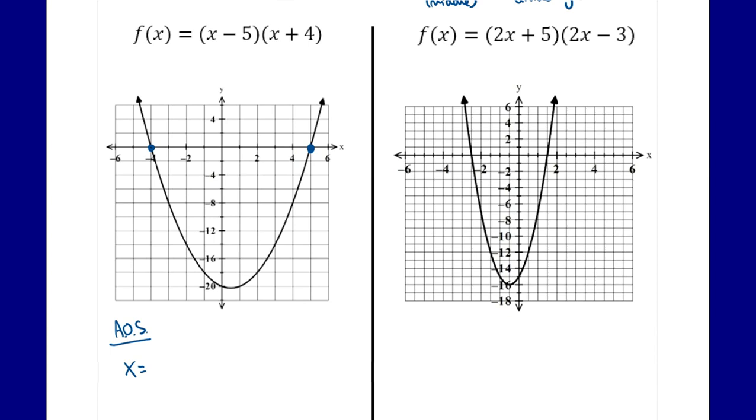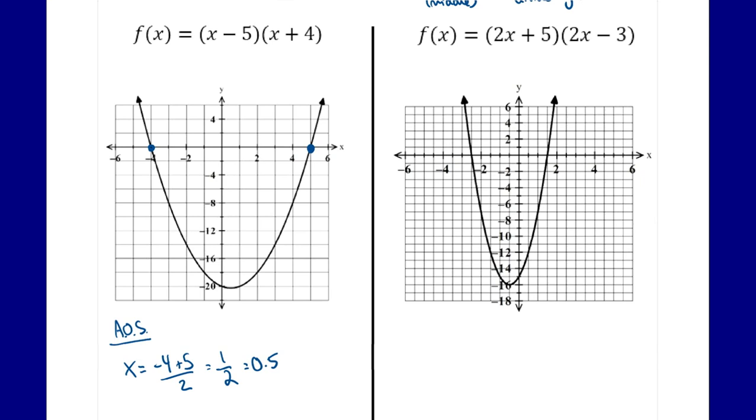x is equal to, and we're going to have negative 4 plus 5 divided by 2, we have 1 over 2. Negative 4 plus 5 is positive 1, divided by 2 is 1 over 2, or 0.5.